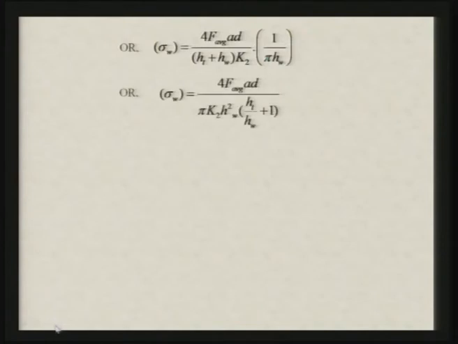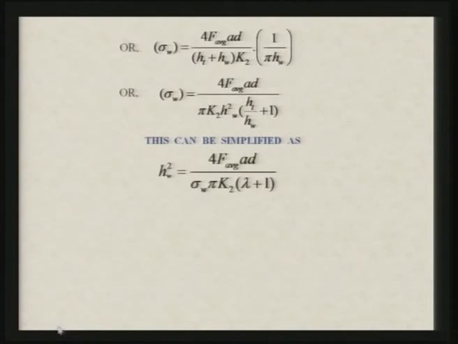Now, you can further simplify it and you get h_W squared is equal to 4 F average A d divided by sigma_W pi K2 within bracket (lambda plus 1), where lambda is equal to h_T over h_W. The depth of penetration will be inversely proportional to the strength of the workpiece or the tool.